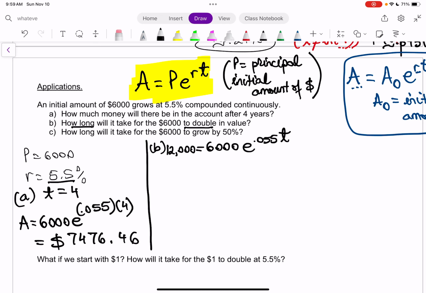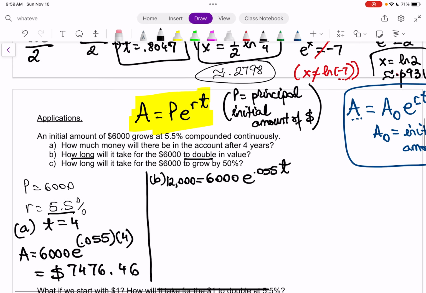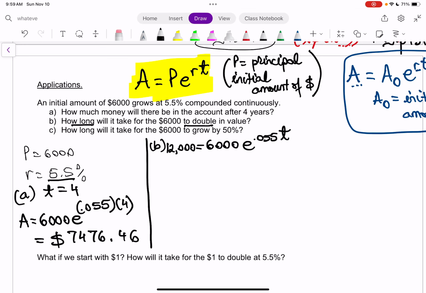Great. So we've just been solving some exponential equations with the base of e, and we're going to solve a lot more. The first thing we're going to get out of the way is the 6,000. So when I divide both sides by 6,000, I'm going to get a 2. Okay. And so again, to get rid of a base e, we're going to use a log with base e.